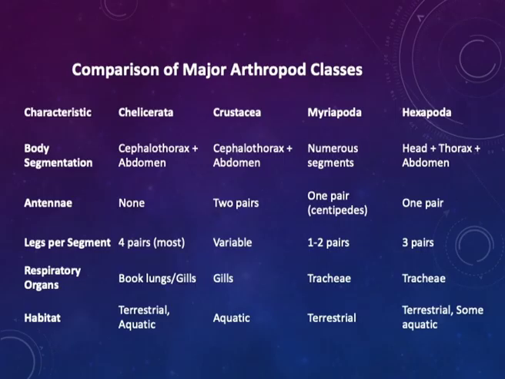Most of the aquatic animals have gills, as they are aquatic in nature, they respire with gills. And Crustacea, they are also aquatic animals, and they also have gills for respiration. In Myriapoda, trachea is present for respiration, and in Hexapoda also trachea for respiration.